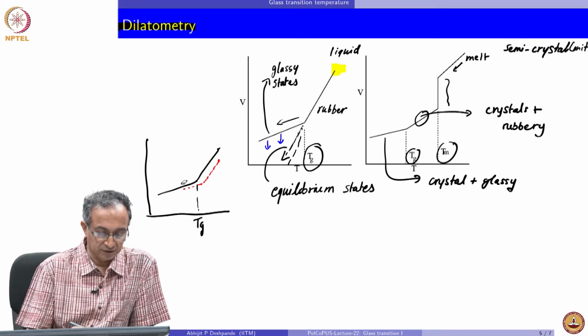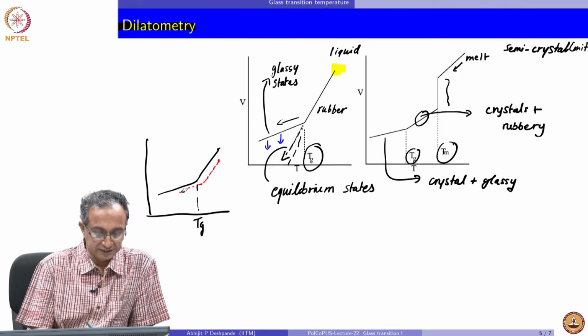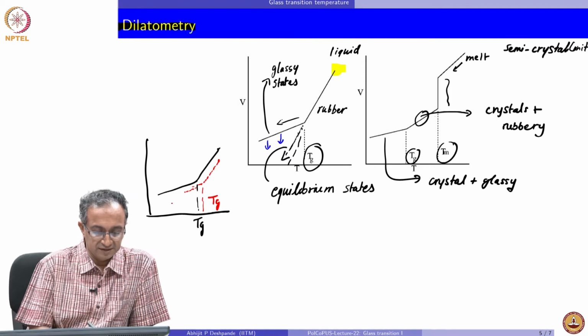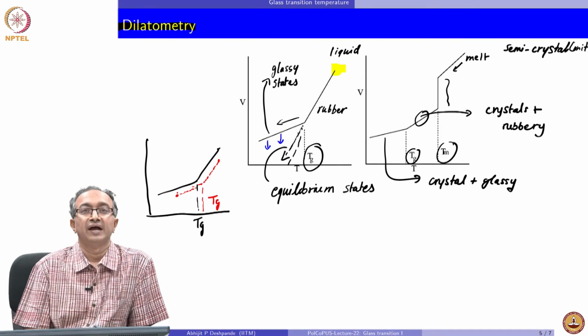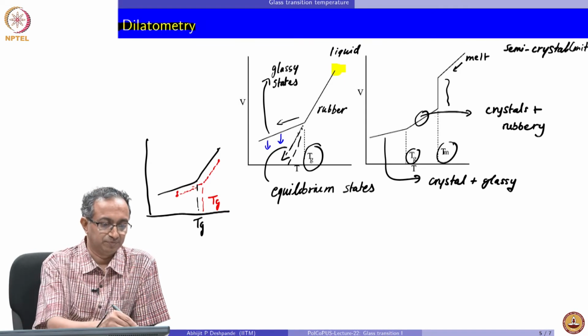And so, what we will see is the glass transition temperature will be observed at a higher temperature, and what we can also see is if I stop the cooling and now revert the pressure to atmospheric pressure, the sample will again recover, but it will not come back to exactly the same point.